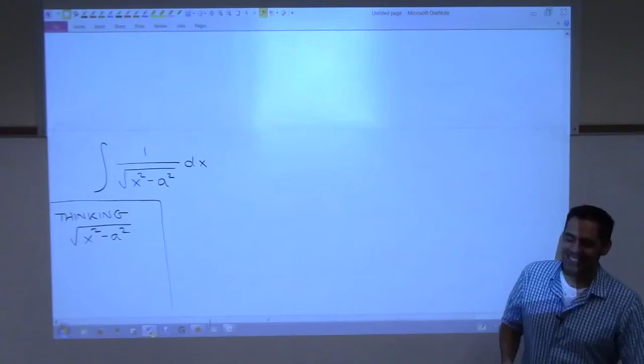I get secant theta is x over 5. That gives me a relationship between theta and x. I am going to use that relationship to create a right triangle with theta as my reference angle, and then use my knowledge of secant and how it corresponds to hypotenuse, adjacent, opposite, to draw the sides of the triangle. So which side's what?